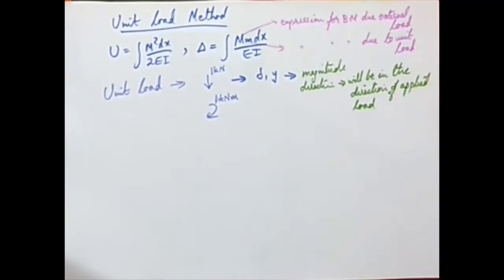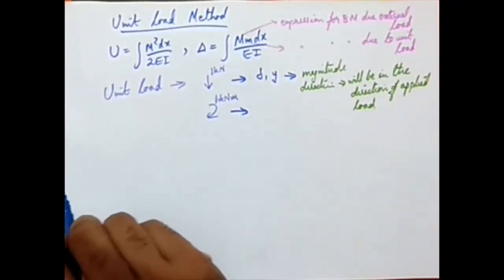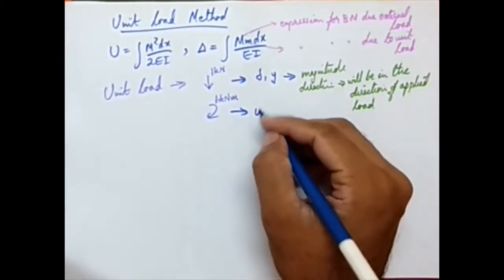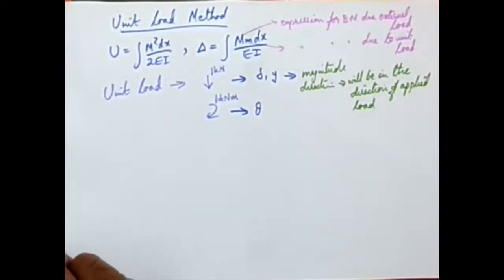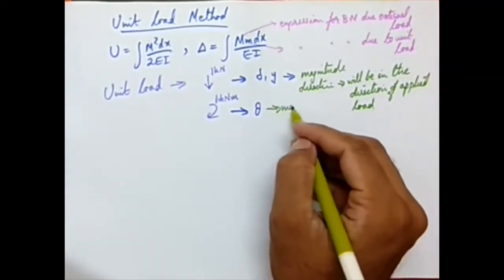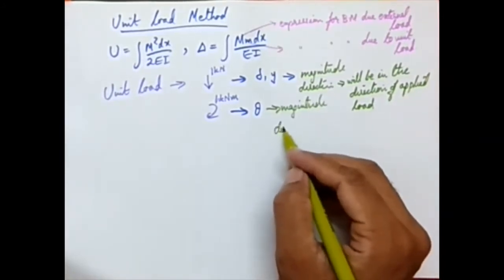And when we think about applying a 1 kilonewton meter moment as the unit load, the result we will be getting is the rotation at that point. And that rotation also has two parameters: one is the magnitude, the other one is direction.